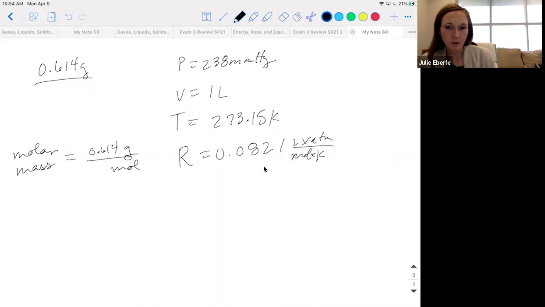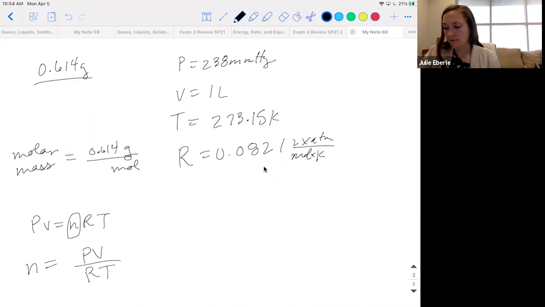We just need how many moles this amount of grams weighs, and then we'll divide those and get the molar mass. So we just need to plug all this into the ideal gas law and solve for n, like what we did just a lot of. n equals PV over RT. So you just plug all these in and solve for n.